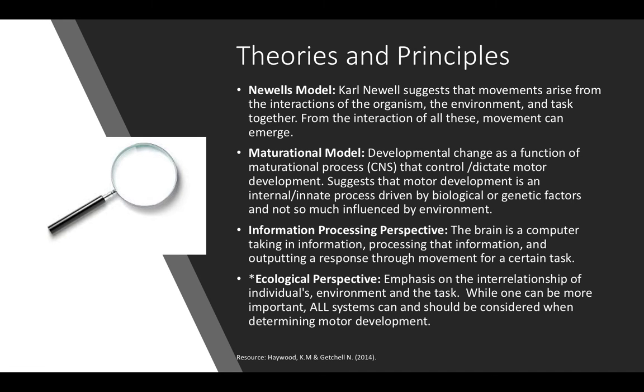And then we have an ecological perspective, which emphasizes the relationship of all three, similar to Newell's model. The only difference is that one system can be dominant, although all systems should be considered when determining motor development.